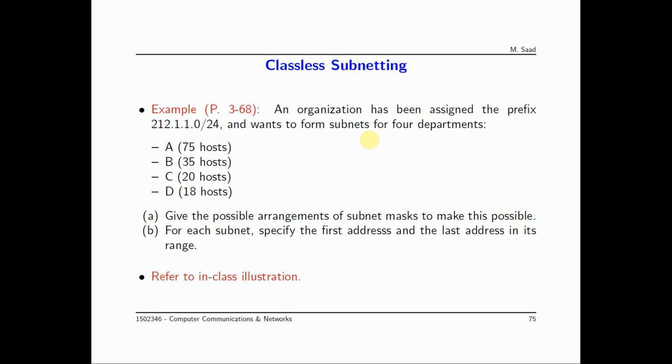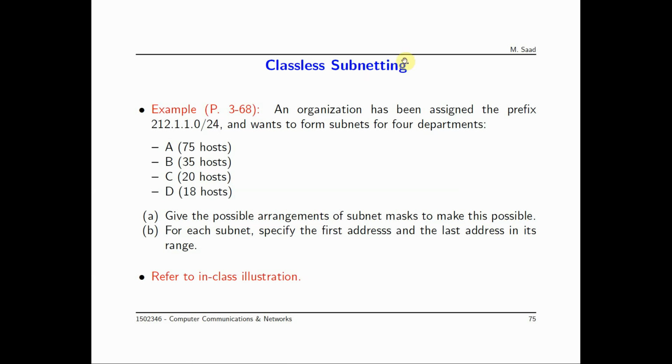If we have a block of addresses assigned to an organization's network, the first address in this block is the network address, and the last address in this block is the broadcast address, and the addresses in between can be assigned to actual hosts, right? We will see the use of subnet masks, and most importantly, we will also see that even with classless addressing, we can still divide our network internally into subnets.